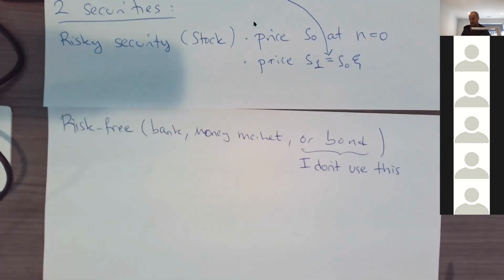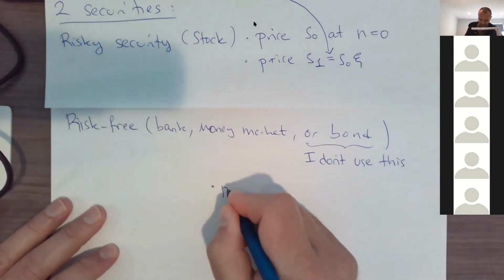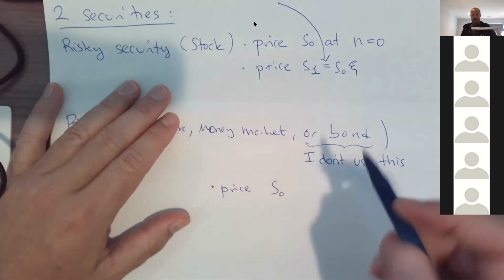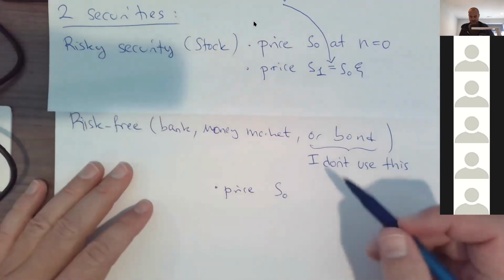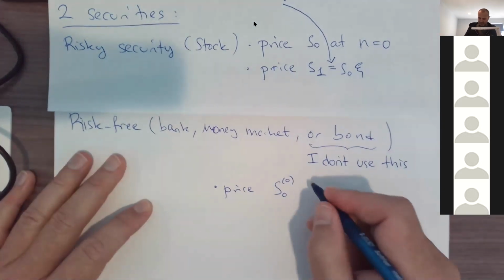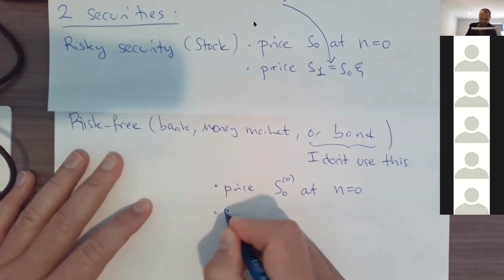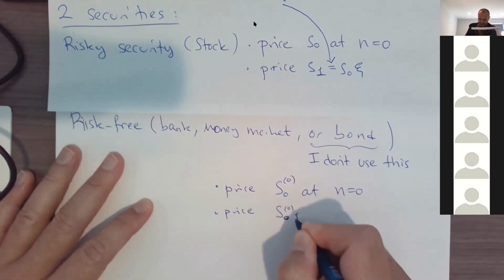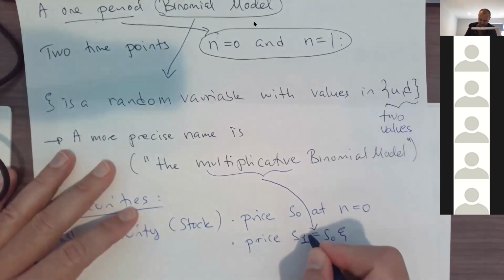I don't do that. The notation is that it has a price S0, but to make the price of the risk-free security look different from the price of the stock, I'm going to put a 0 here. So it has this price at time 0, and it has a price S0 1, which is defined to be, so you'll see me use this notation here.